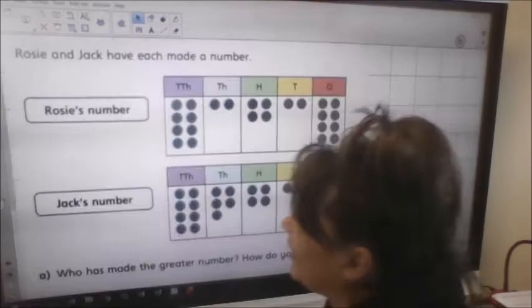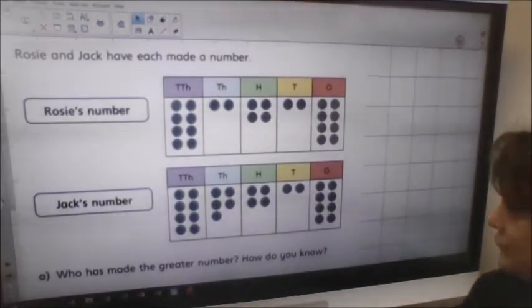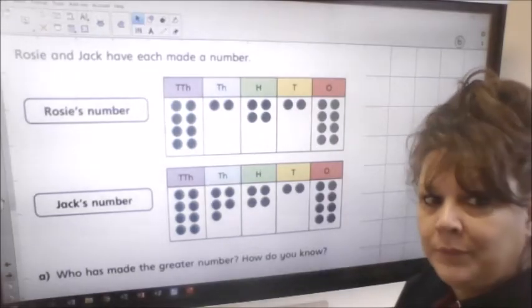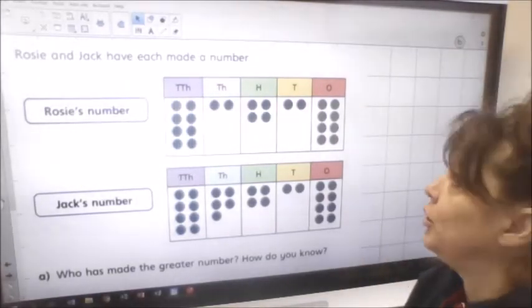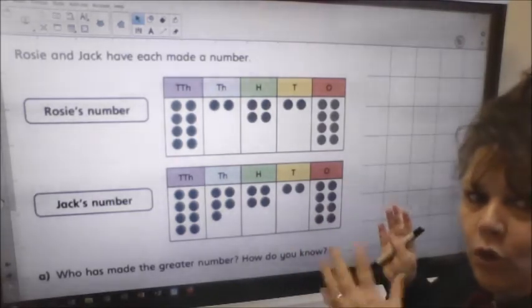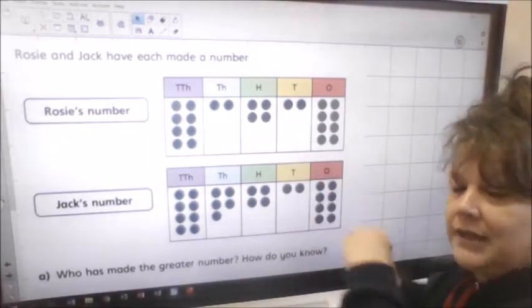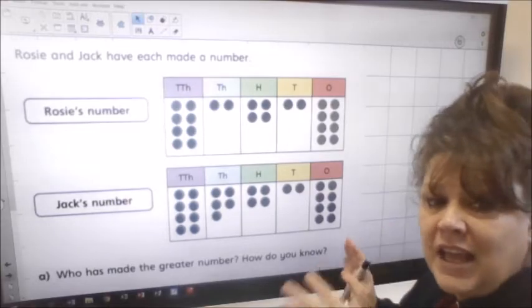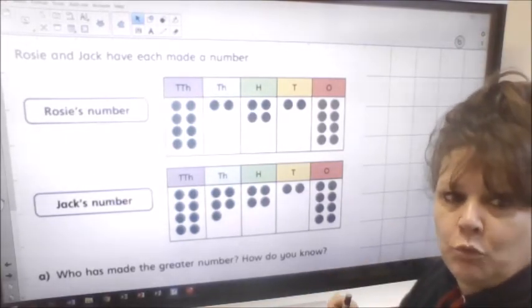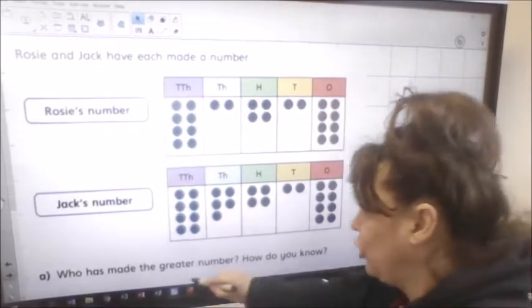Okay, let's have a little look then at the next activity. So we're going to think about how we can compare those numbers now. This is one of the ways that we can do it. Again, we can use counters, we can use a grid, or we can write the numbers on a grid. And then we can see straight away which is the greater number, which is the biggest number, in other words.